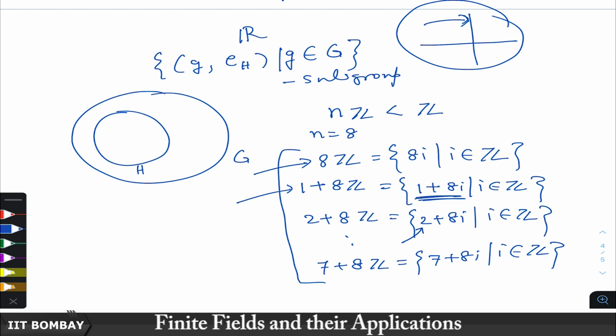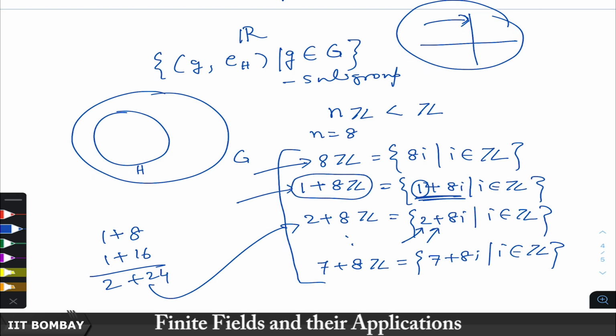No, because if you add 2 elements of this form, you will get an element from a different set, because this 1 gets added 2 times. So, 1 + 8 and 1 + 16, if you add, you will get 2 + 24, which is in this 2 + 8Z set. So, it is not closed under the addition operation. It is actually not a group, and also 0 is not there in this set.